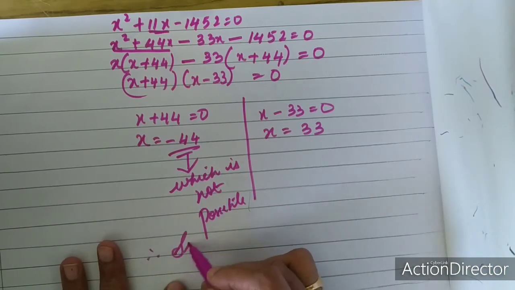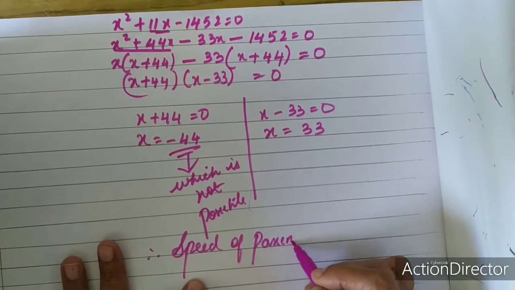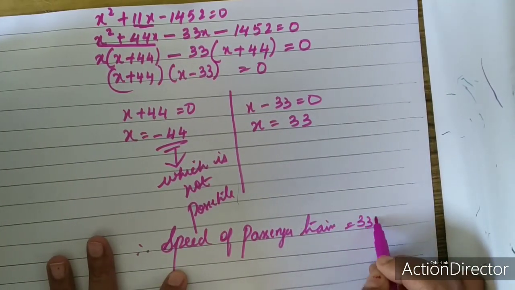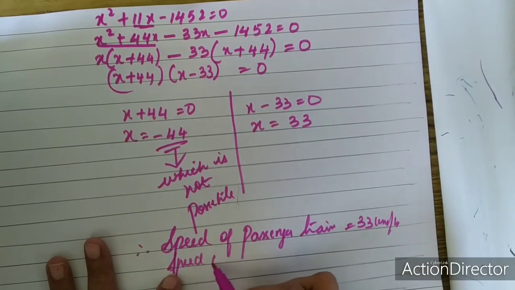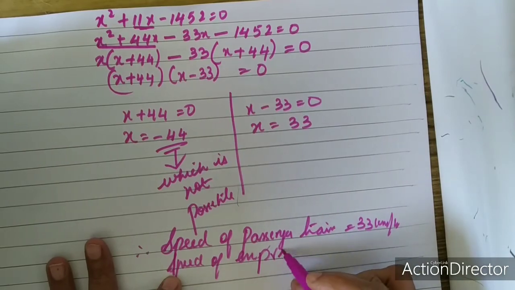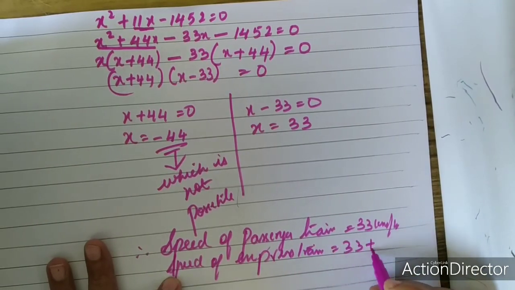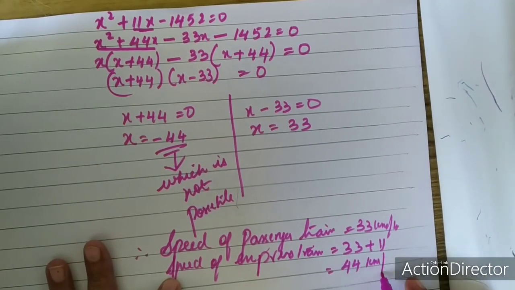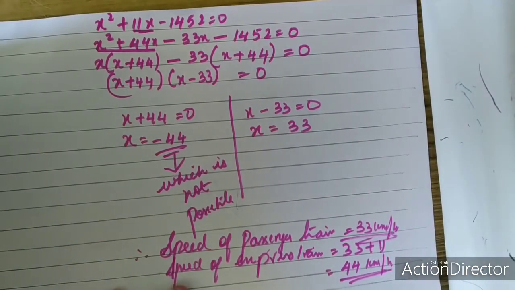Therefore, the speed of the passenger train is equal to 33 km per hour. So what will be the speed of the express train? Speed of the express train will be equal to 33 plus 11, which is equal to 44 km per hour. So both the answers separately you have to write over here.